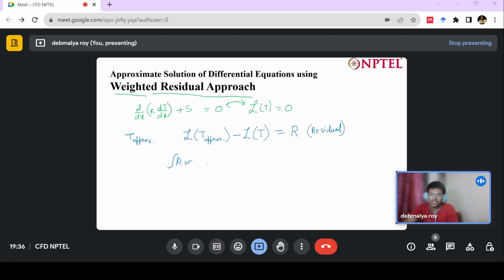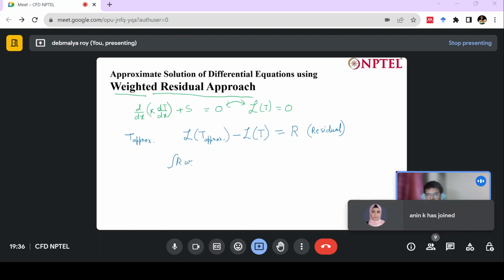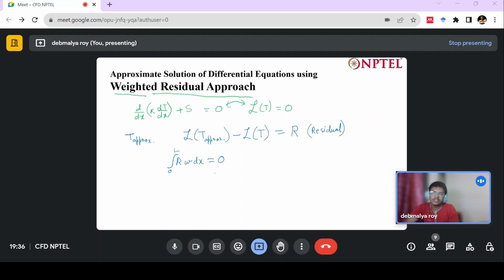This is called a weighting function. We will see what the different types of weighting function can be now. So this integrated over the whole domain equal to 0 will give us the solution for the equation. So what we will do, it contains this T approximate.